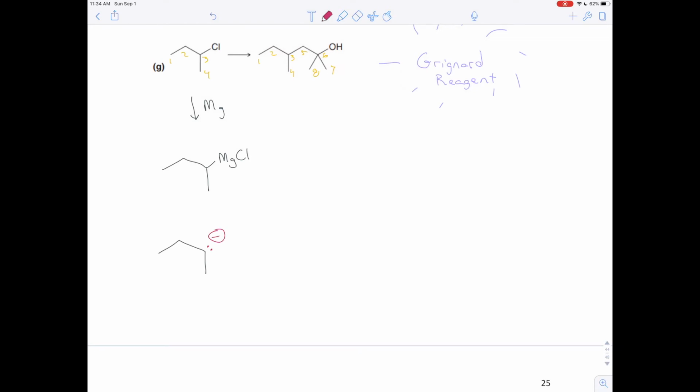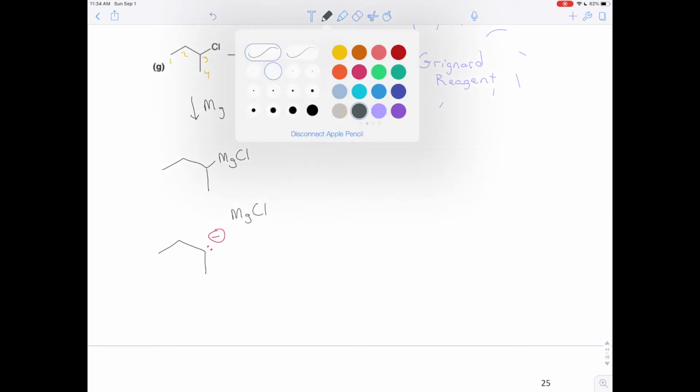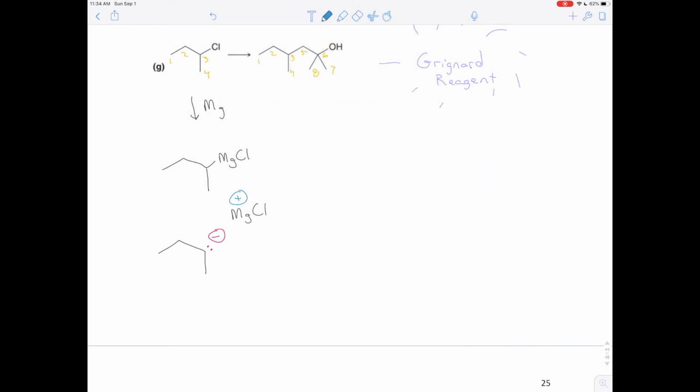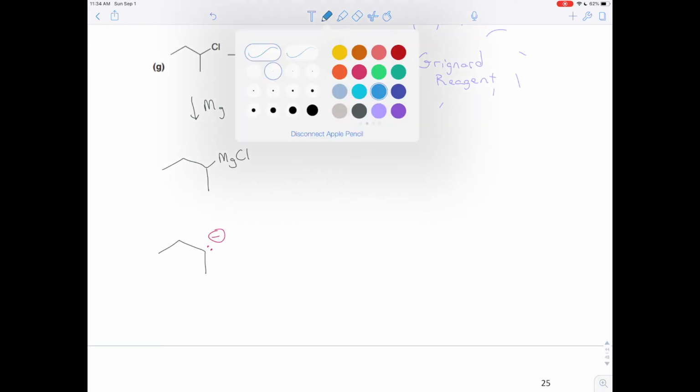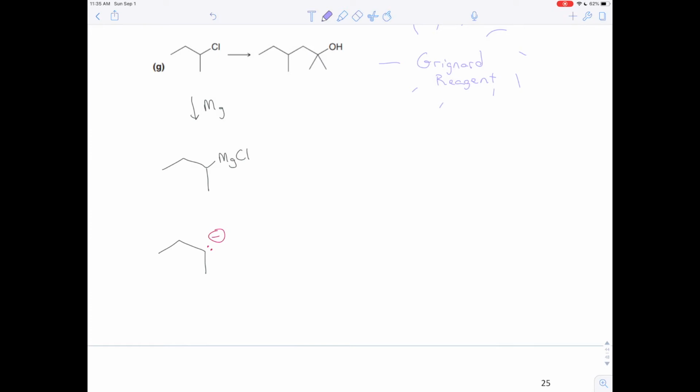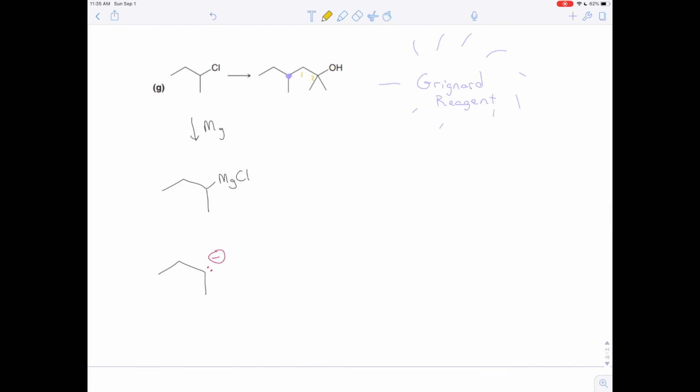And the magnesium and the chloride really are just a counter ion, and they float away once this reaction starts happening, so we can ignore them for now. Okay, well, now we can look at our product, and we can see that if our nucleophile would be right here, that's our Grignard reagent. So the thing we'd want to attach is this.